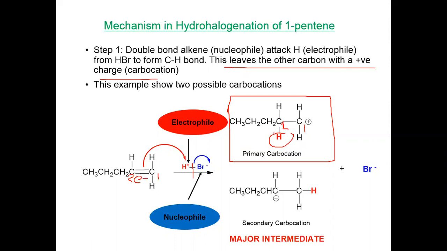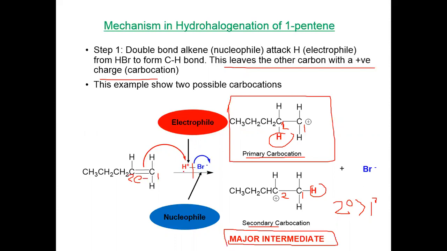If you want to insert your hydrogen at carbon 2, so this will become the carbocation. This is a primary carbocation. Okay, tapi katakan kalau kamu nak letak hydrogen pada carbon pertama, so ini akan jadi secondary carbocation. So this will become secondary, lebih stable compare dengan primary. So this secondary carbocation will be your major intermediate.